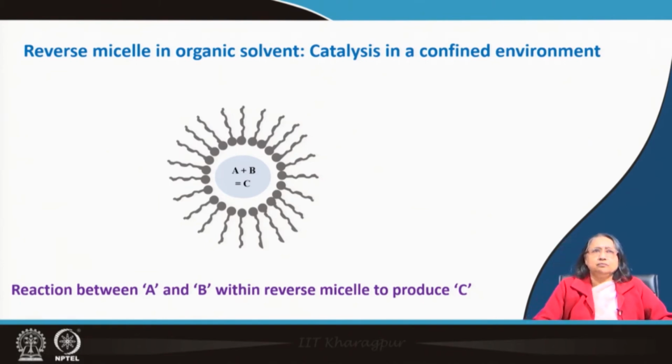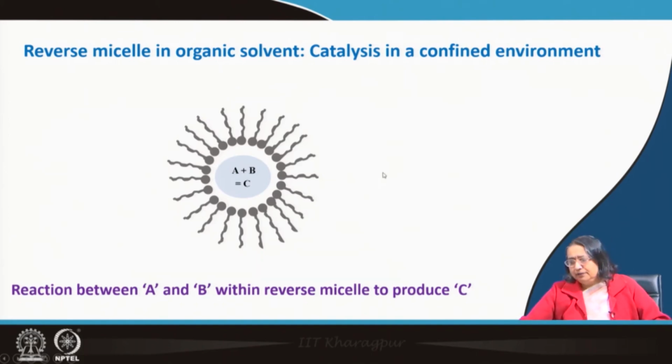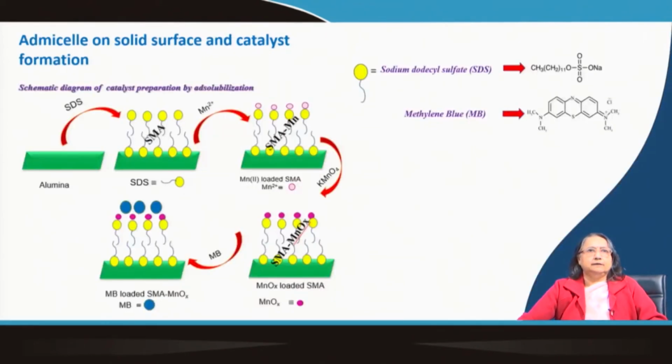The organic solvent is hydrophobic, like chloroform, hexane, all those things. So it will form like this. This is called a reverse micelle. Here also some reaction is possible, say A plus B gives C. This type of reaction can happen in the reverse micellar core. This is also very interesting.